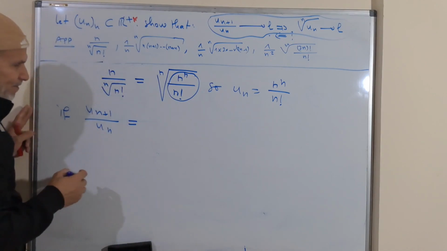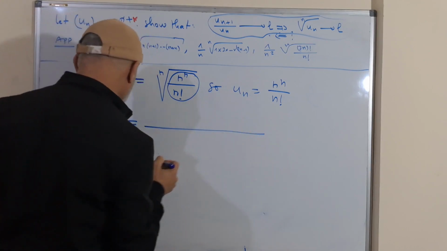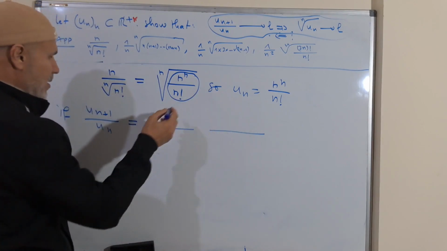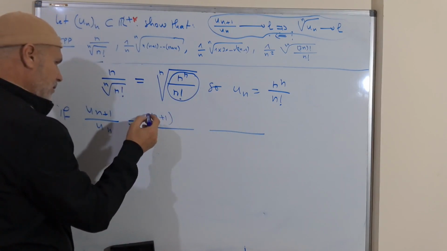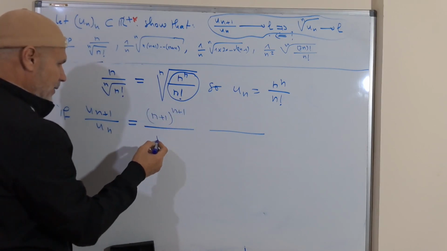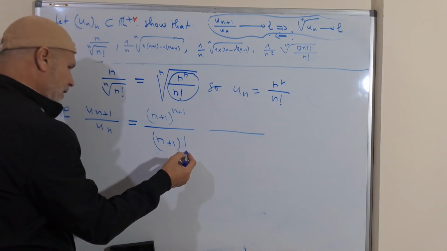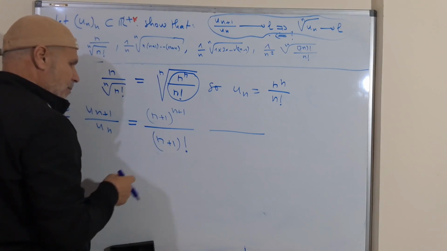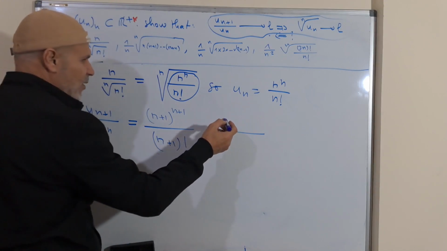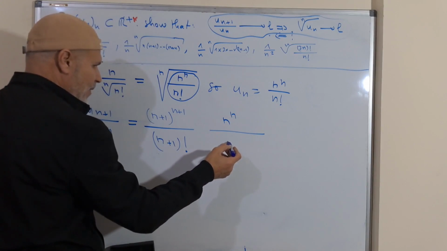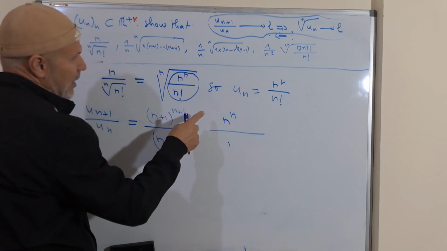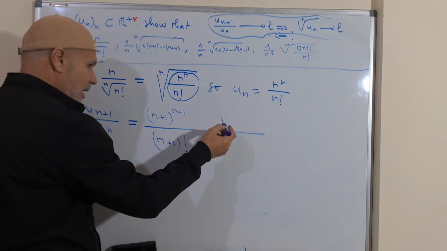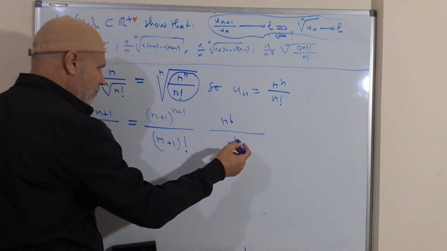This is equal to un plus 1, which means n plus 1 power n plus 1 divided by n plus 1 factorial, divided by un, so we multiply by the inverse: n factorial divided by n power n.